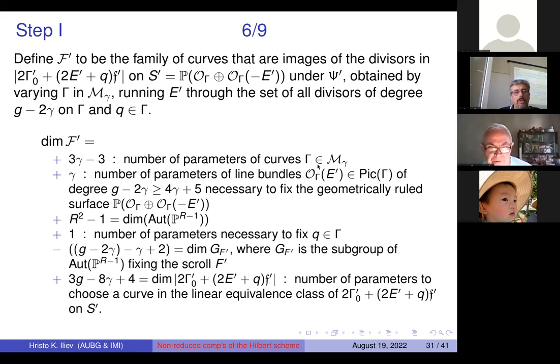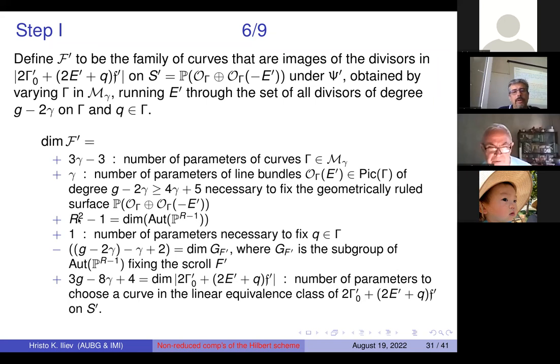Then I have to count the number of parameters that allow me to choose the line bundle O gamma of E prime, the one that gives the root surface S prime essentially. And because this number is much bigger than 2 gamma minus 2, the number of parameters should be gamma, just the dimension of the Jacobian of gamma.